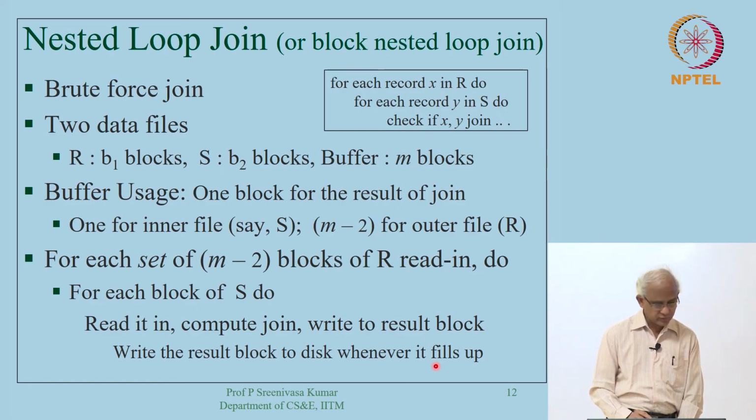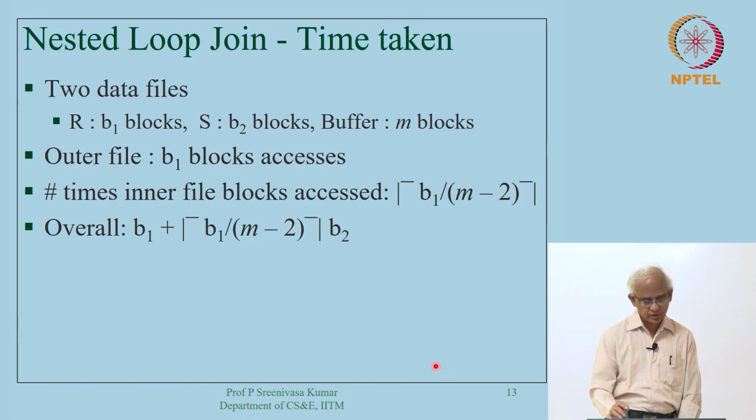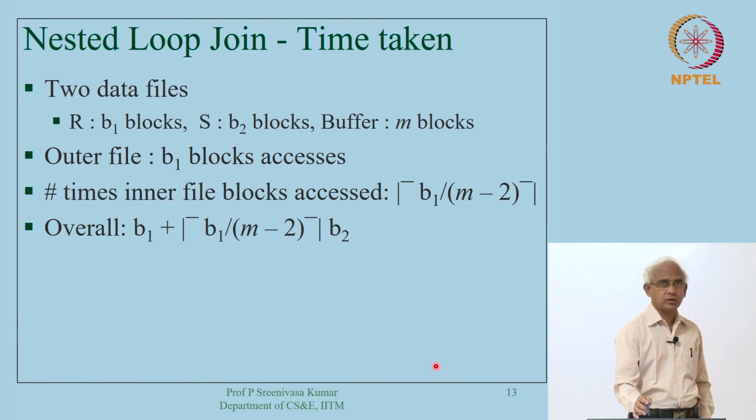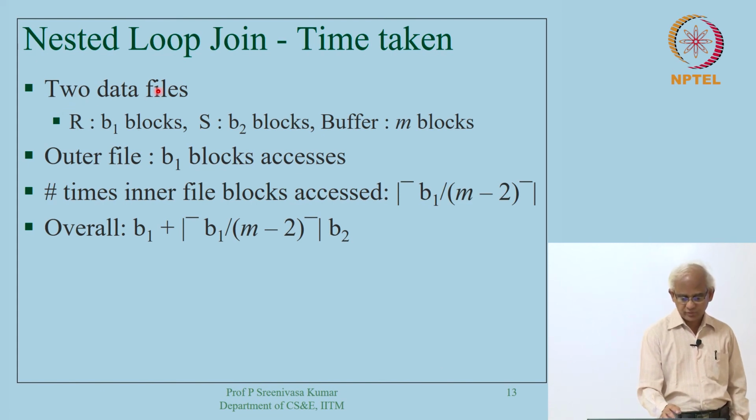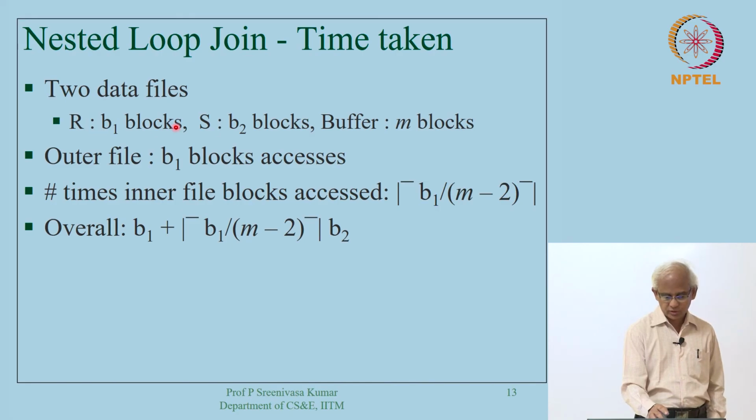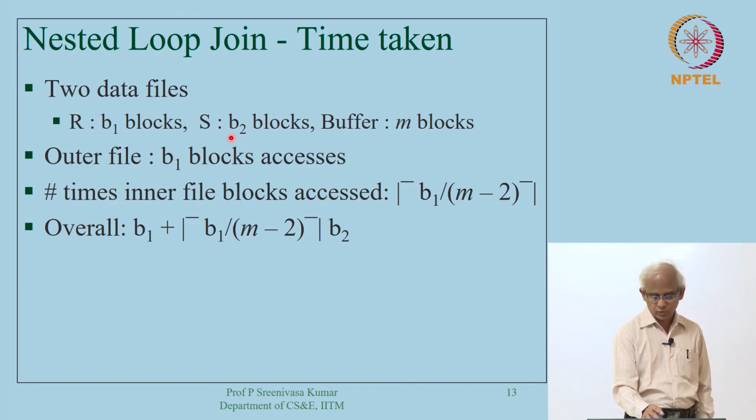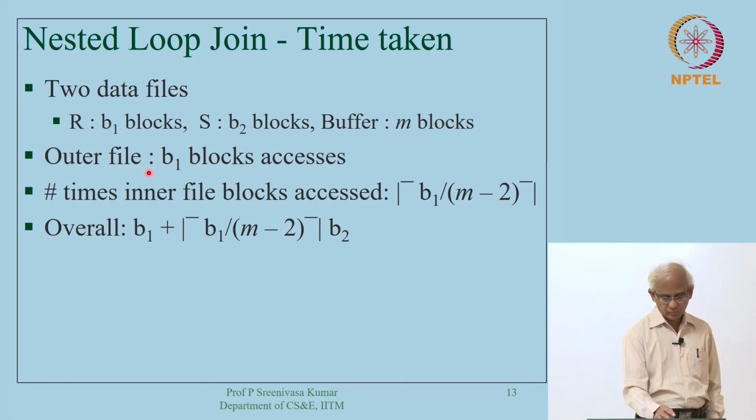Now let me close with a small calculation here. Let us look at the time taken for doing a nested loop join. Let us say you have two data files, R with B1 blocks and S with B2 blocks, and M memory blocks. R was the outer file.